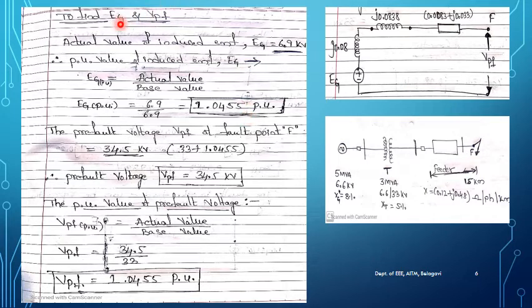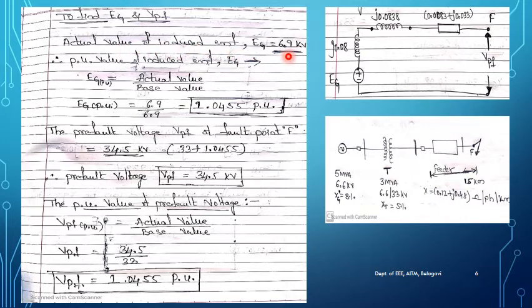the generator voltage, that is the induced EMF in our generator, then the pre-fault voltage between point F and our reference point. As we know, the generator voltage is already given in our problem statement, right? The generator was operating at 6.9 kilovolt, which was stated in our problem statement. So that will be the actual value of the induced EMF.